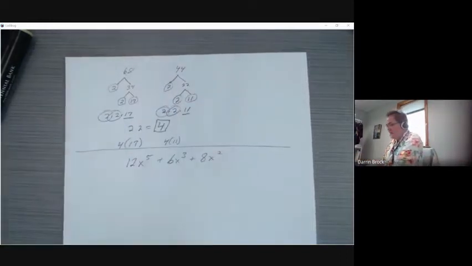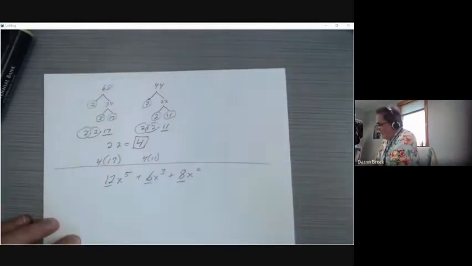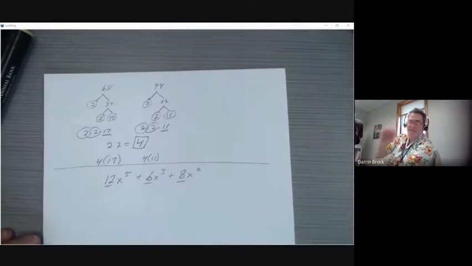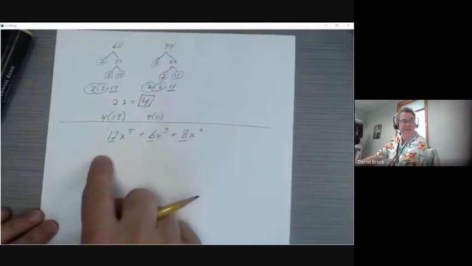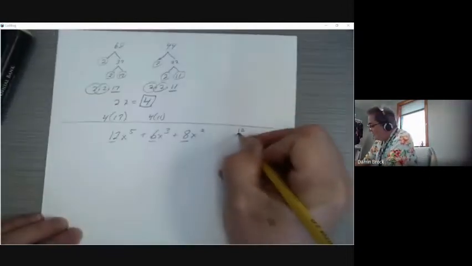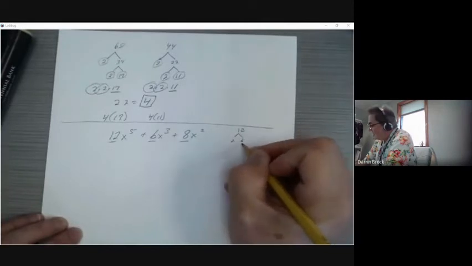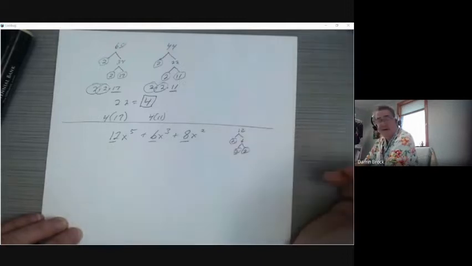So what we would have to look at first is the three integers, 12, 6, and 8. What's the greatest common factor? Just like we did up here, what's the greatest common factor we can pull out of each of those? So 12 is 2 times 6, and 6 is 2 times 3. So it's 2 times 2 times 3.